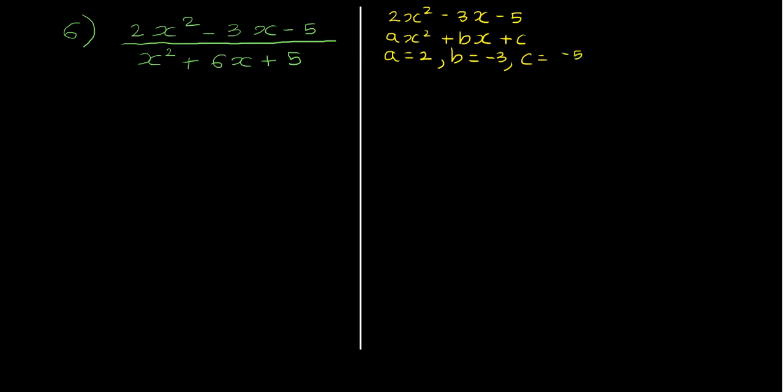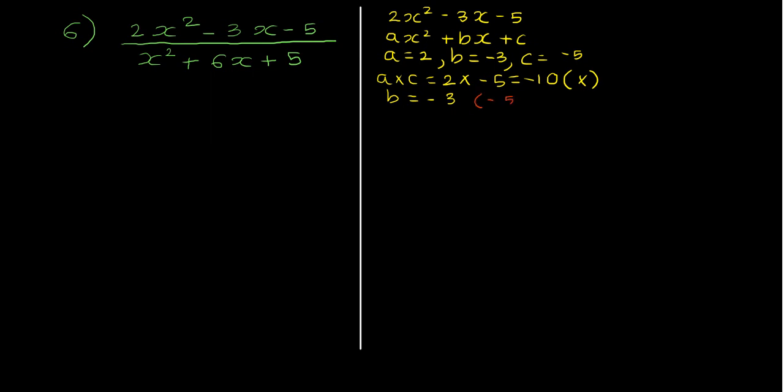We're going to do a times c, which is 2 times minus 5, which is minus 10. I need two numbers that multiply to give me minus 10, and those same numbers will add to give me minus 3, so it has to be minus 5 and 2. Minus 5 times 2 is minus 10, and minus 5 plus 2 is minus 3.